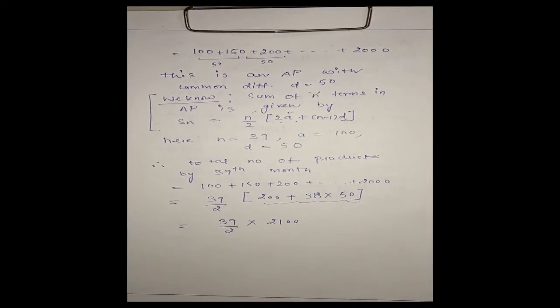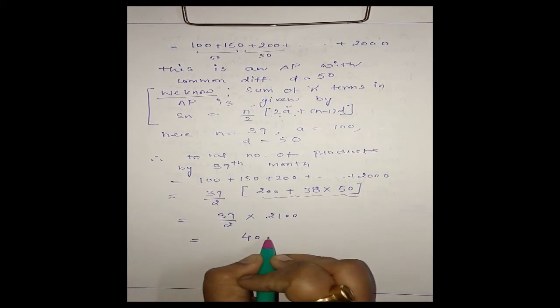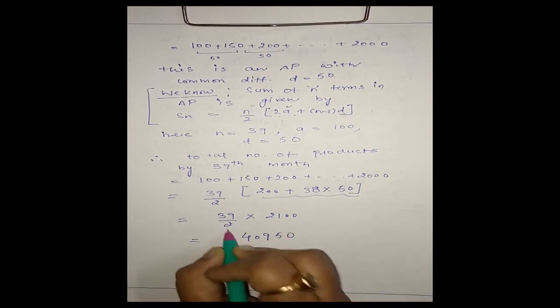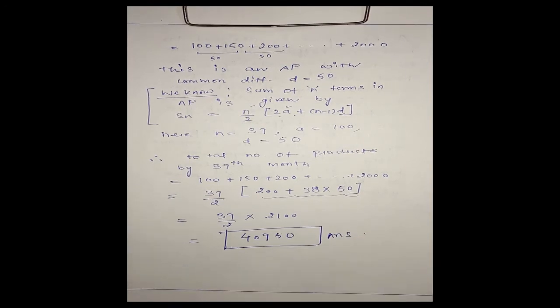On solving this we get 40950. This is the total number of products by the 39th month. Okay, clear?